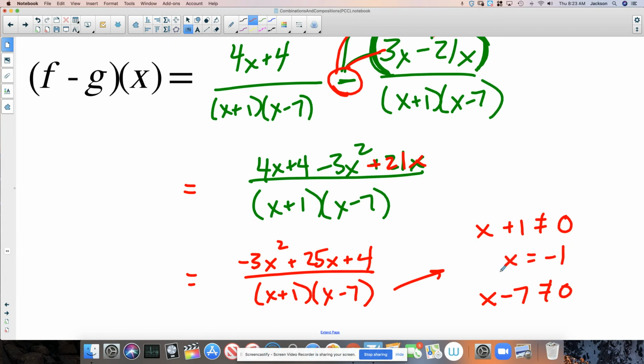So again, just to reiterate, we are going to have to exclude values of x from our denominator because this is a rational function. Just make sure when you're subtracting a fraction that has multiple terms in the numerator, you subtract all of the terms in the numerator.